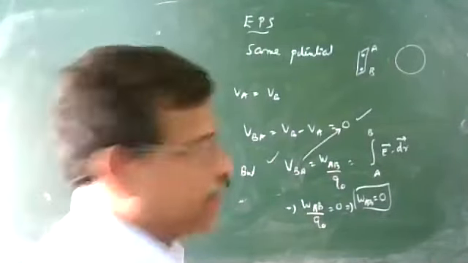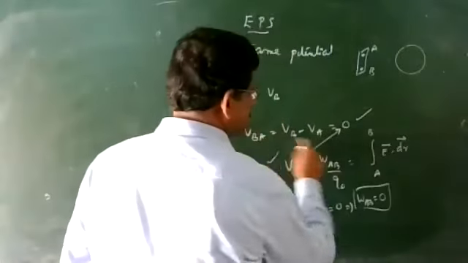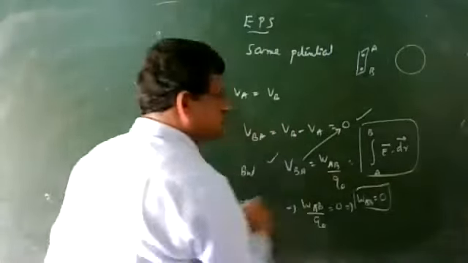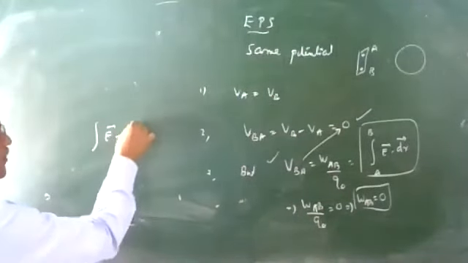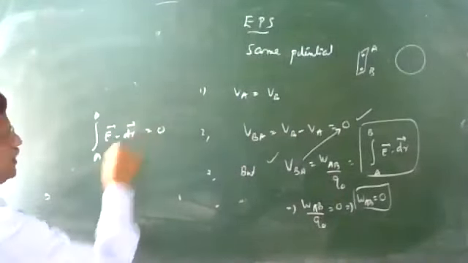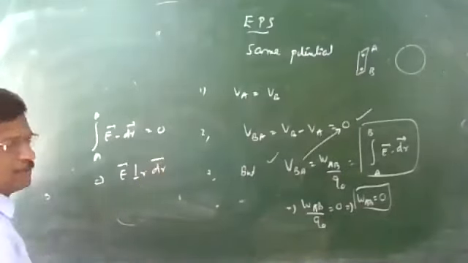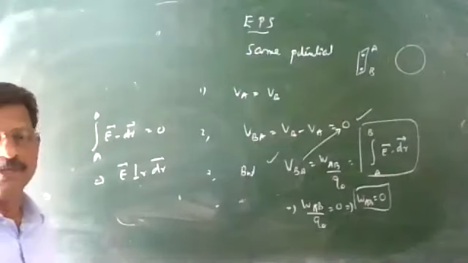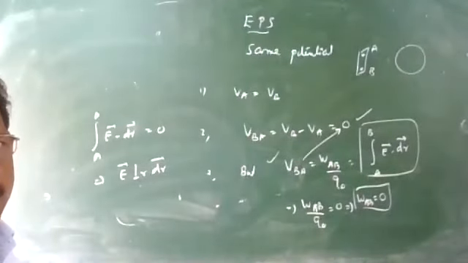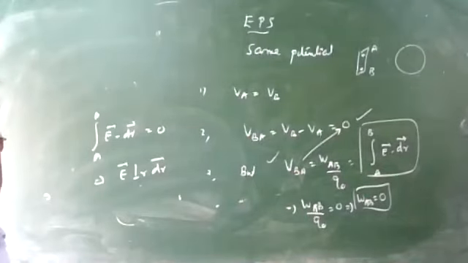One more point. If the potential difference is 0, the line integral of E dot dr from A to B is equal to 0. It's a dot product of 2 things, which means that the E vector is perpendicular to the dr vector, theta 90 degrees. The electric field is perpendicular to the dr vector, which is along the tangent to the EPS.